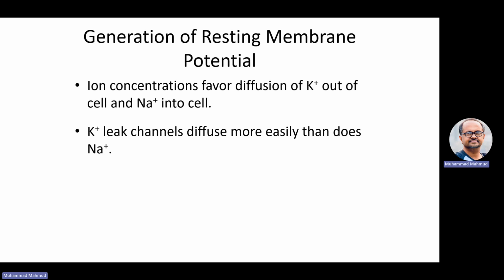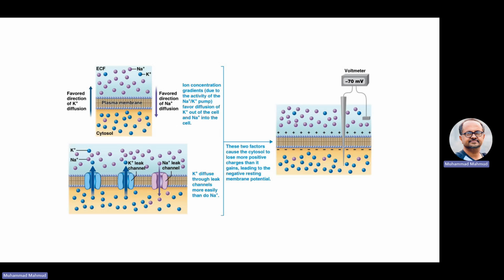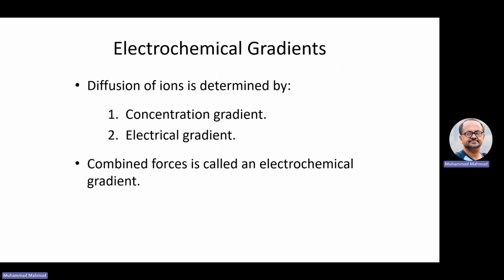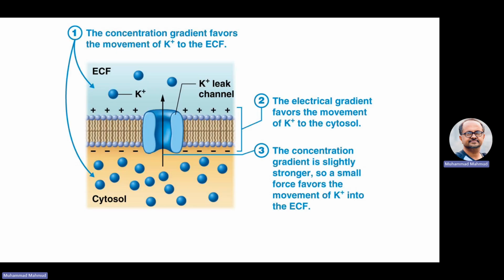The potassium leak channels diffuse more easily than sodium because of the concentration gradient. So with the leak channels, they try to move in and out. Diffusion of ions is determined by concentration gradient and electrical gradient. Combined forces are called the electrochemical gradient. So one is the electrical, the other is the chemical concentration. Together we call it the electrochemical gradient.